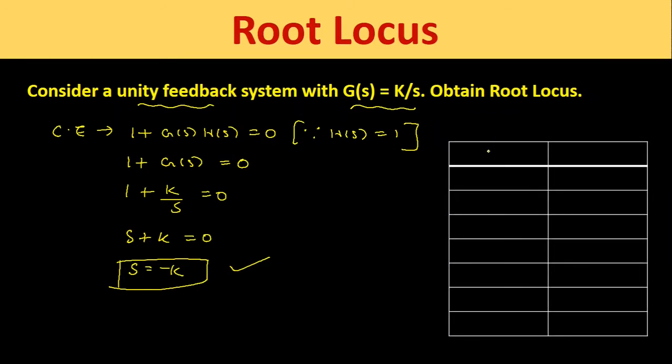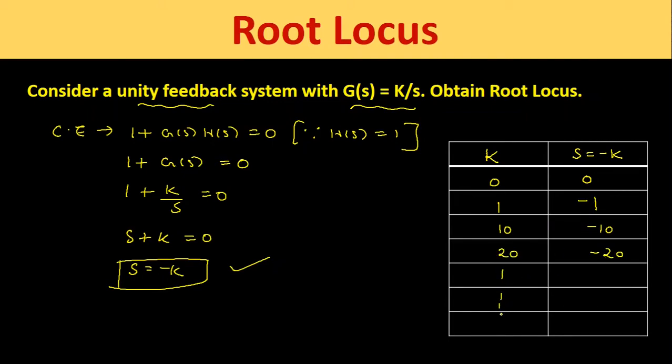Now to draw the root locus, let us make one observation table. Here we will keep all the values of K, and here we will find out s = -K. First we will keep K = 0, we will get s = 0, and when we put K = 1, we will get s = -1. When we put K = 10, we will get s = -10, and when we put K = 20, we will get s = -20.